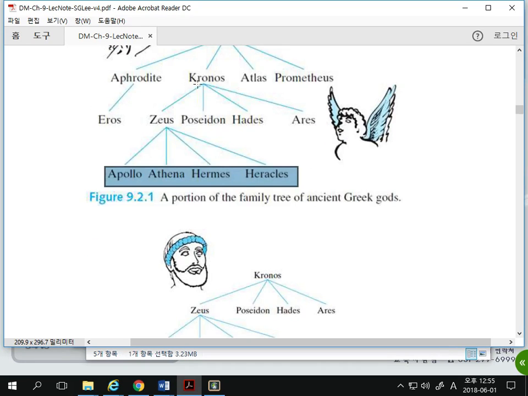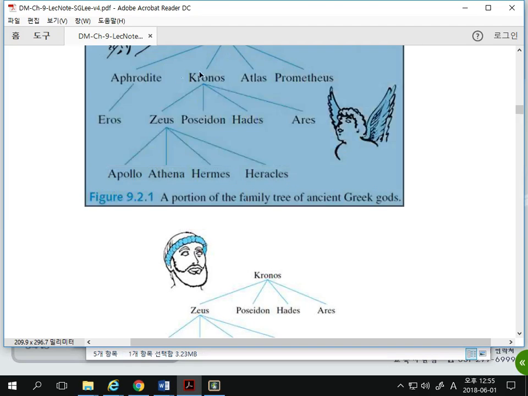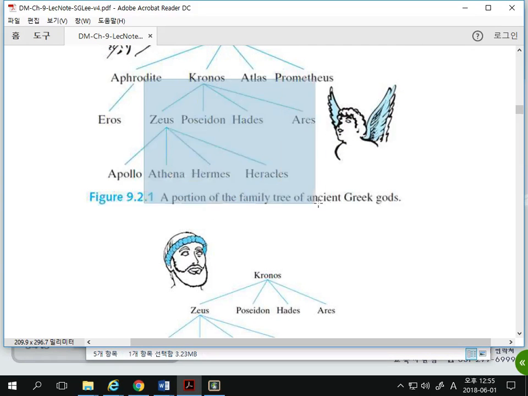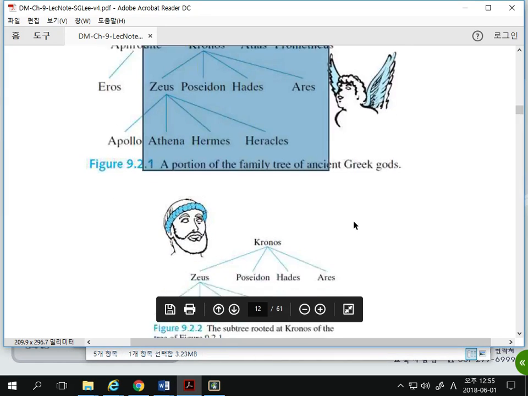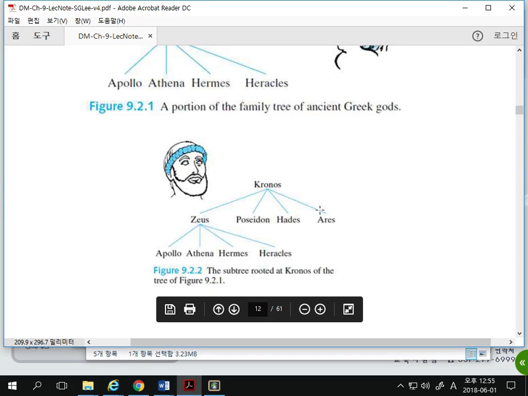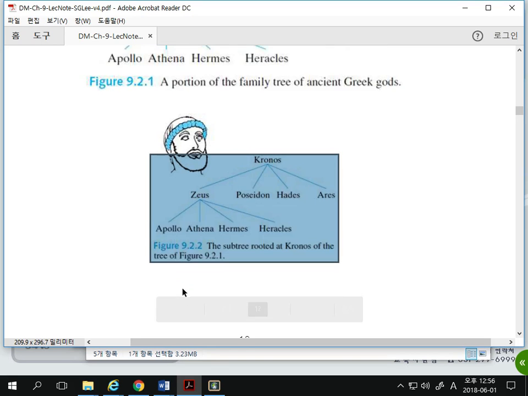In here, for example, Kronos has 4 children and 4 grandchildren. Then this piece of the graph is called a subtree of the whole family tree. This is a subtree rooted at Kronos.